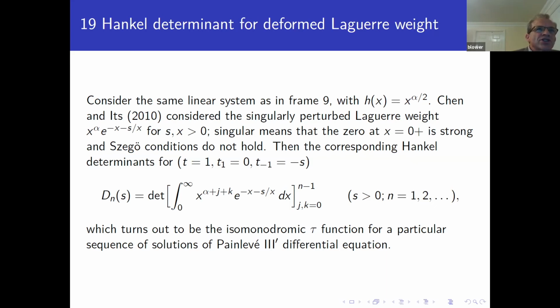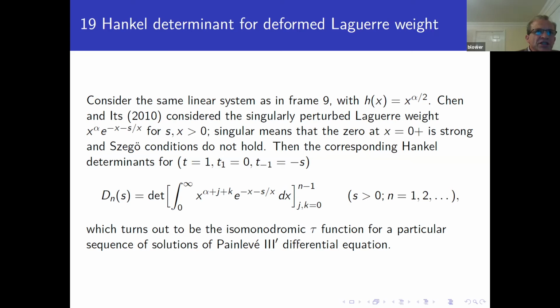Chen and Its considered a perturbed version of the Laguerre weight in which they put in the exponent minus s over x. Now this is a rather drastic thing to do, because this perturbed Laguerre weight is going to have a very strong zero at x tending to 0 from the right. So this Laguerre weight is going to go to 0 very quickly.